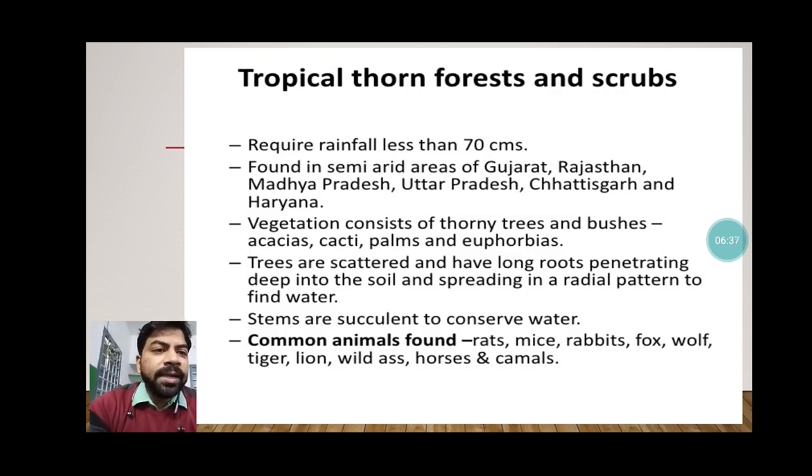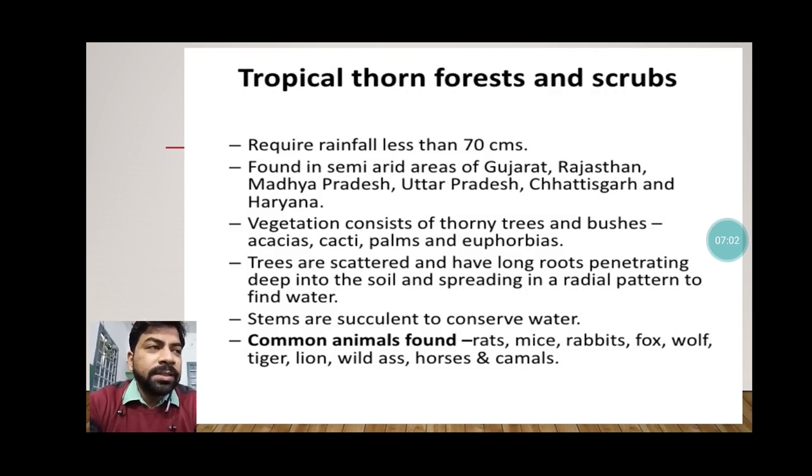Trees are scattered and have long roots penetrating deep into the soil. You know about adaptation. Plants growing in the desert region have deep roots so that they can draw moisture from deep inside the soil in a radial pattern to find water. Stems are succulent to conserve water.